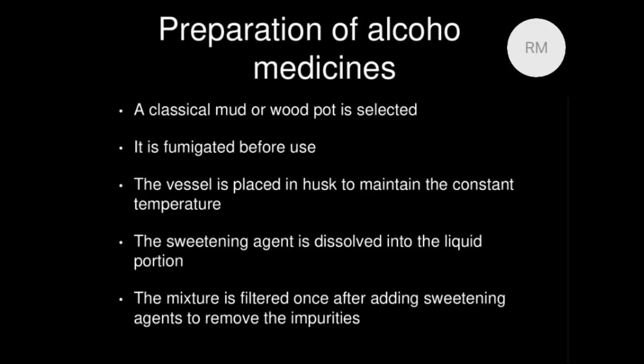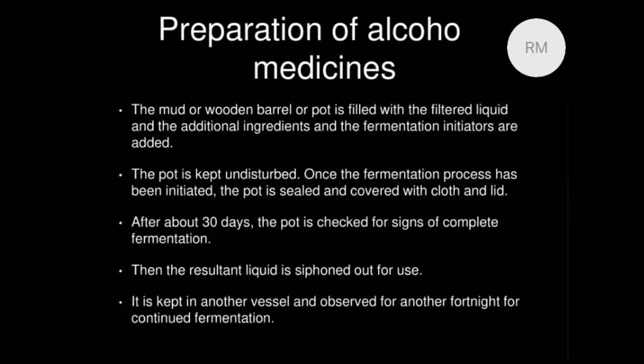After this filtered liquid is filled into this mud or wooden pot, then the additional ingredients are added, which are actually the powders, and then it is mixed well, and then finally we have to put the fermentation initiators.